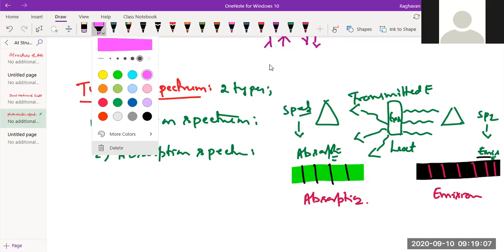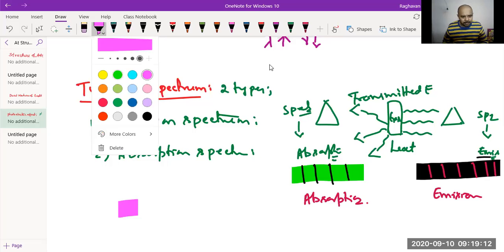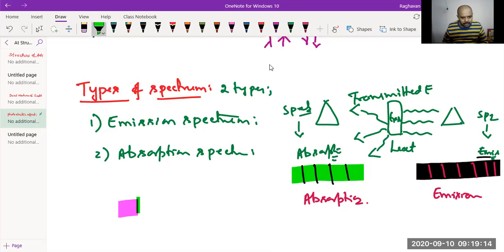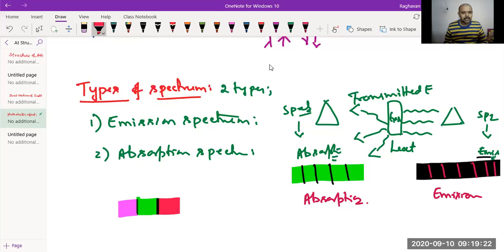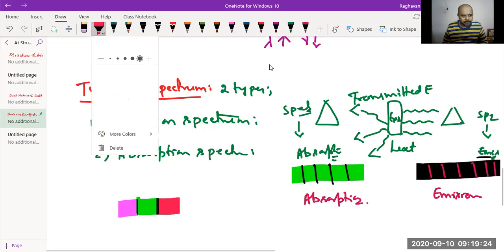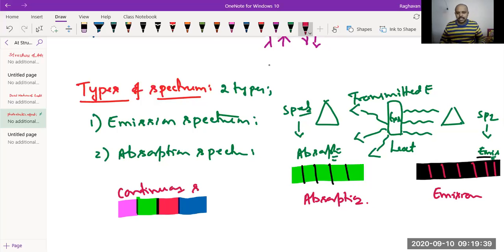One radiation, and the next color comes immediately without any gap, and then another color after that. If radiations are arranged without any wavelength gap, it is a continuous spectrum. If there is a wavelength gap, it is called a discontinuous spectrum.